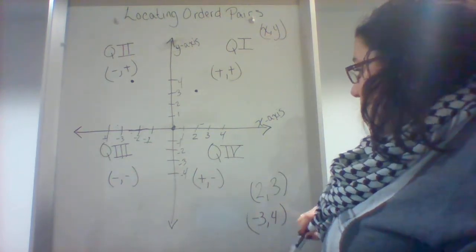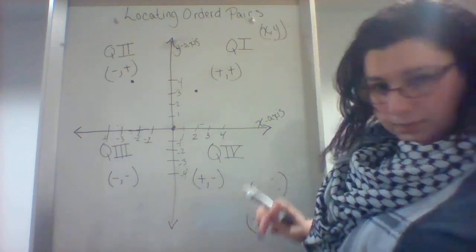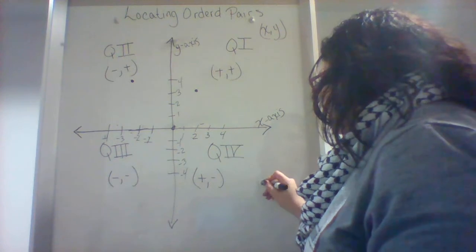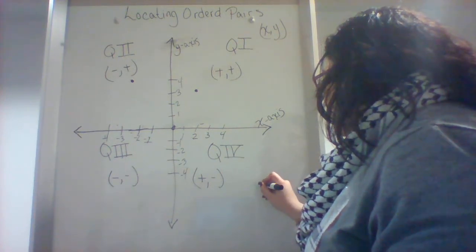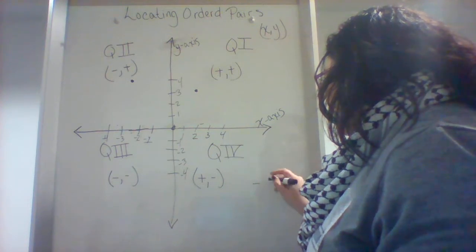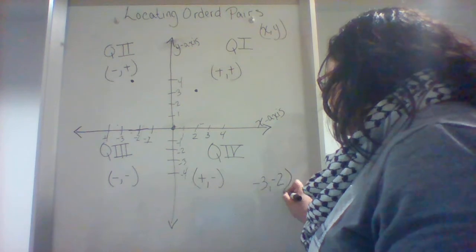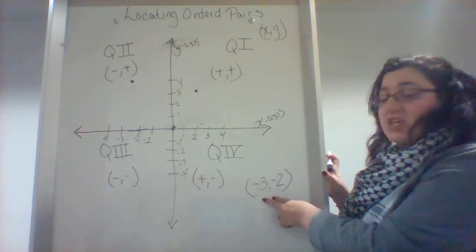Now let's do another one. Negative 3, negative 2. Okay, so in this situation, both of my coordinates are negative.